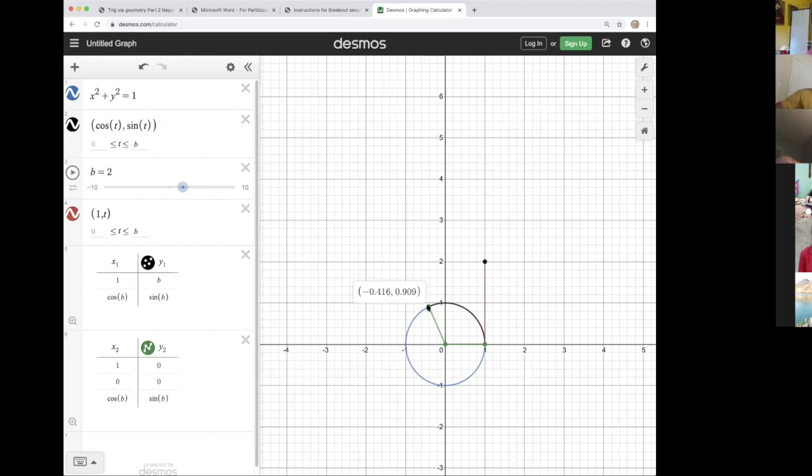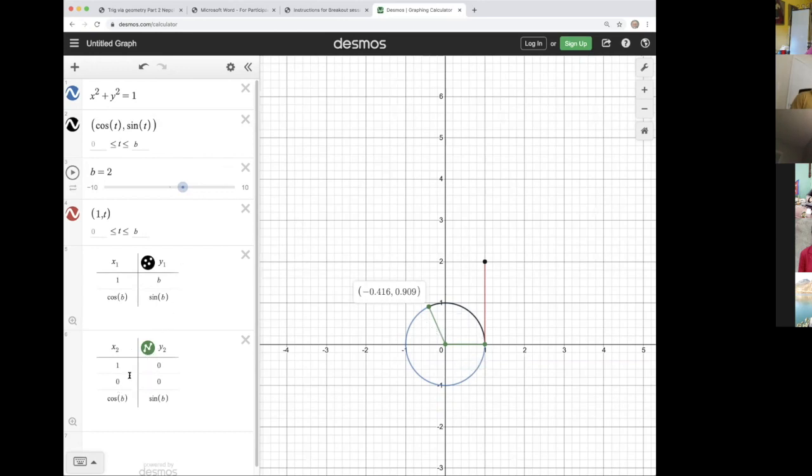That's the cosine of b, sine of b. In fact, that's the cosine of 2 radians, comma, the sine of 2 radians. And then, because we've graphed the unit circle, we actually have in light blue the full unit circle.